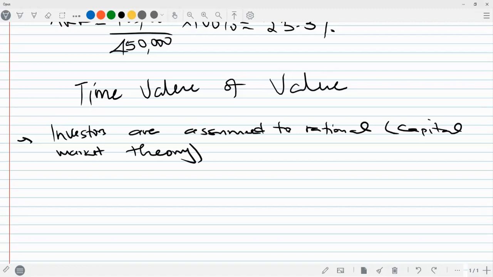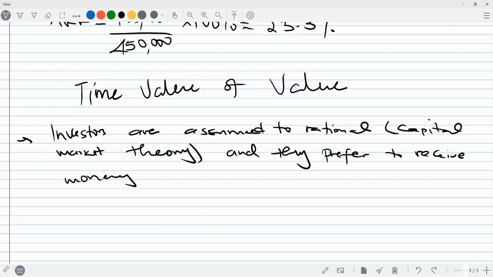Investors should be rational, and they prefer to receive money earlier than later.